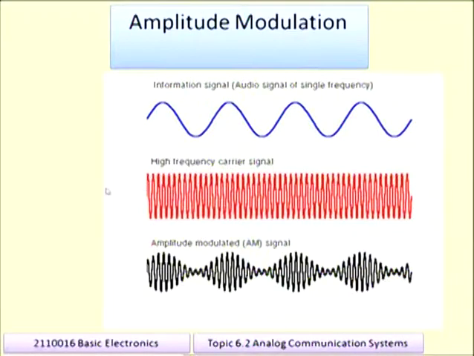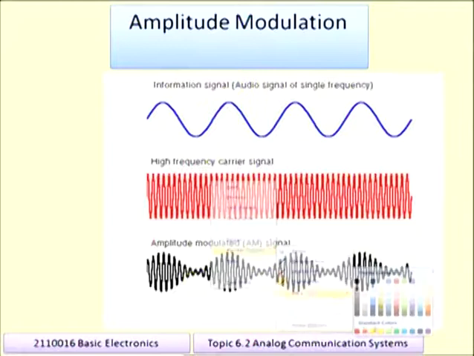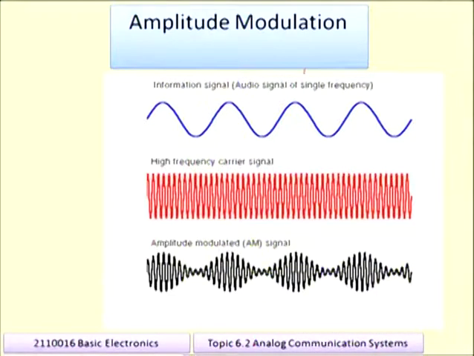You can see here that whenever there is a change in the amplitude of the information signal, there is always a change of carrier amplitude. Whenever the amplitude is at a peak here, at the same time the amplitude of the carrier is highest. At this point the amplitude is minimum, so the amplitude of the carrier wave is minimum. That means the amplitude of the carrier signal varies with respect to the instantaneous amplitude of the information signal.